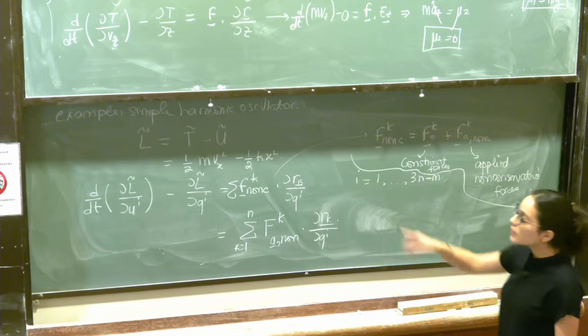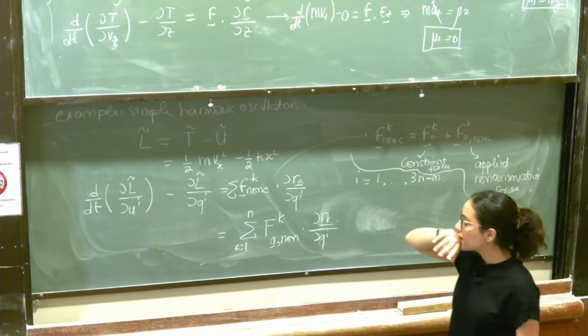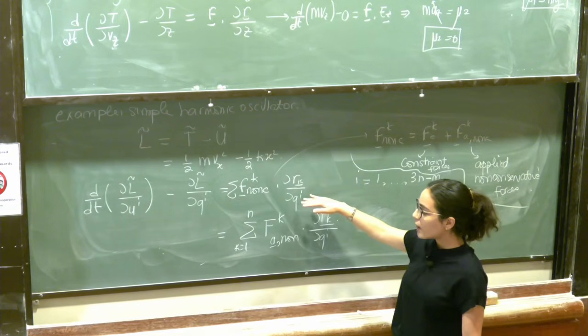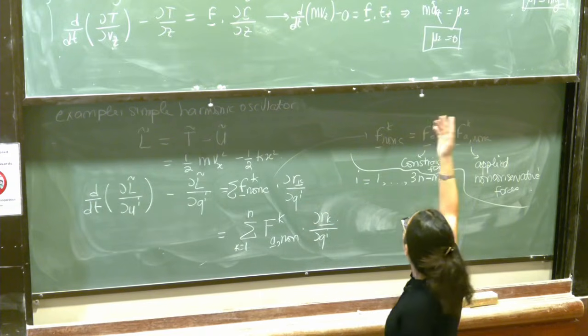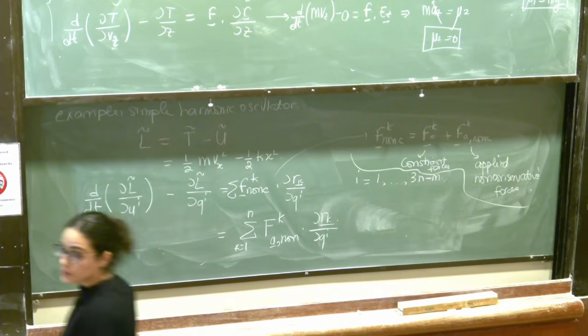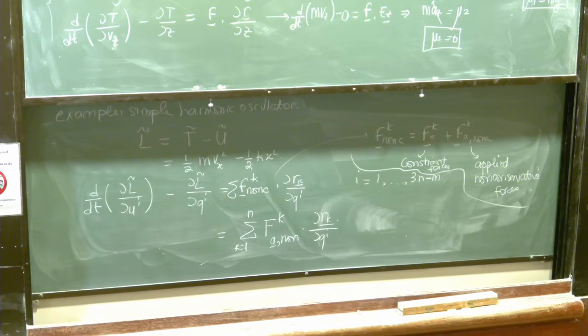Going back to the simple harmonic oscillator, can we apply this equation to get max plus kx equals 0? We should be able to do that.